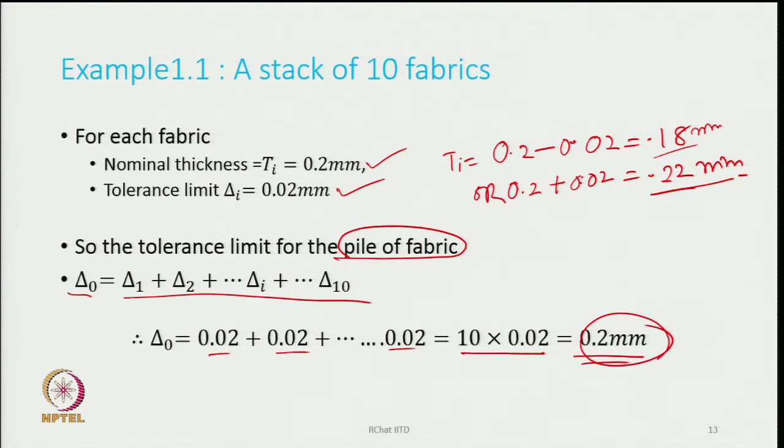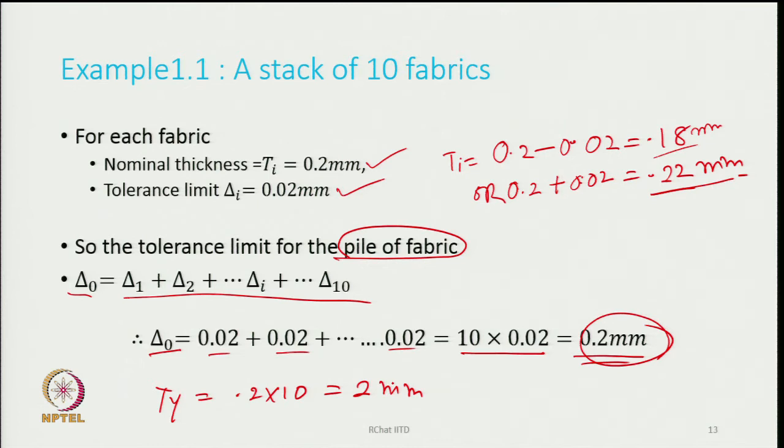So, for this stack of fabrics the tolerance is going to be 0.2 mm and the nominal is going to be 0.2 into 10, that is 2 mm. So, T y will be 2 mm, and delta 0 is going to be 0.2 mm for the stack. This is what we will get.